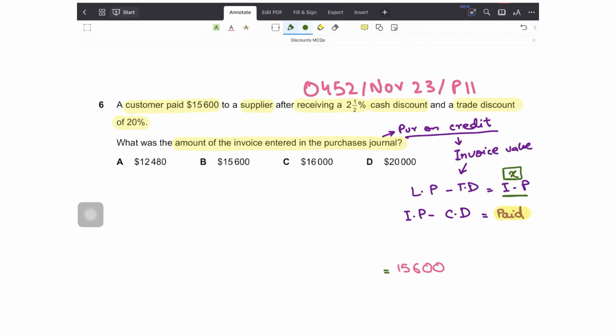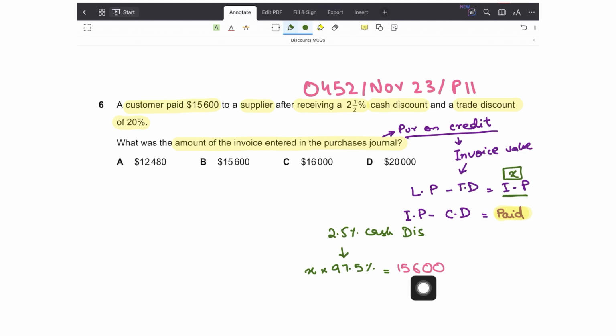Can I say that this 15,600 represents X times 97.5%? What is 97.5%? This is after incorporating this 2.5% of cash discount. Because we know that from invoice price we subtract the cash discount, so that we arrive at the amount which will actually be paid.